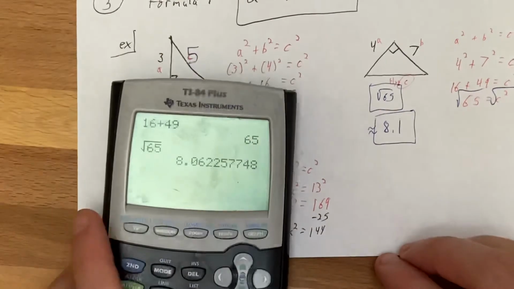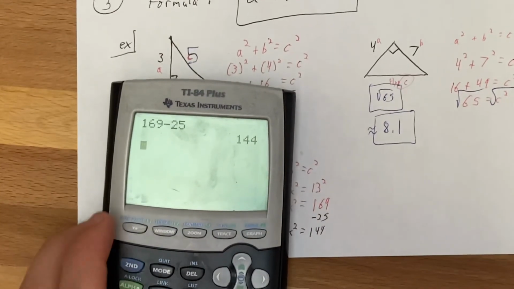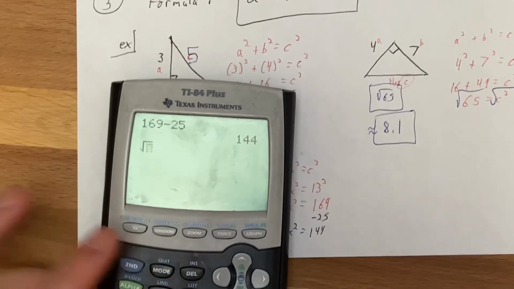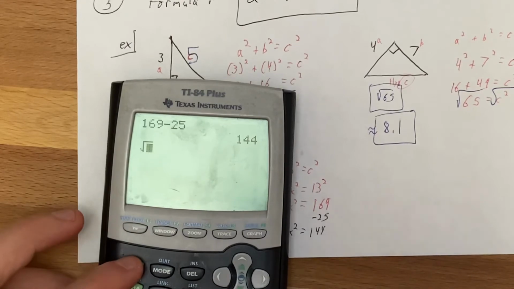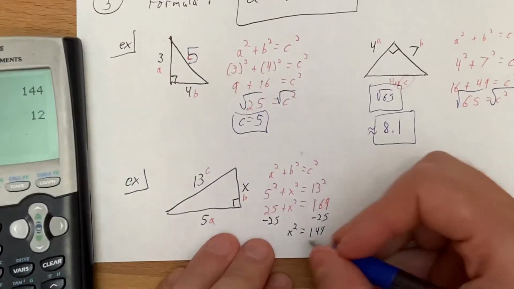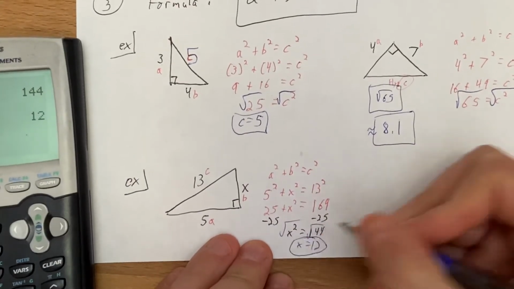And if you don't believe me, here it is. 169 minus 25 is in fact 144. And then you square root that, which you know or you don't. It's 12. Exactly 12. So you square root both sides and you get x equals 12. And that would be the answer to your question.